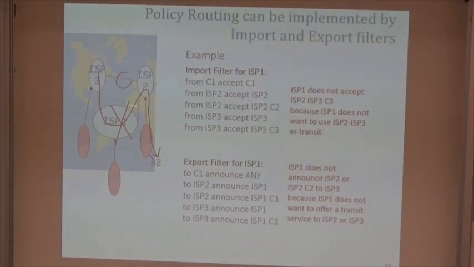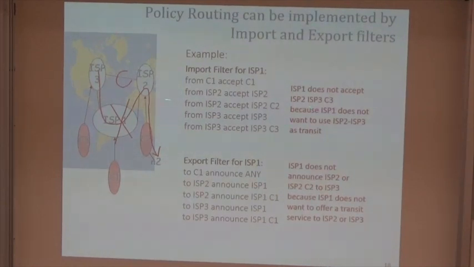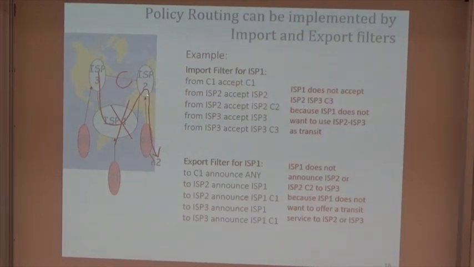ISP1, so the big guy in the middle, he might say, for example, I accept, if we zoom at what I accept from ISP2, for example. So ISP1 is peering with ISP2. ISP1 will accept routes from ISP2, for example, that have the path ISP2 C2, because C2 is a customer of ISP2. So ISP3 wants to be able to send traffic to C2 because it wants to connect to that part of the world.